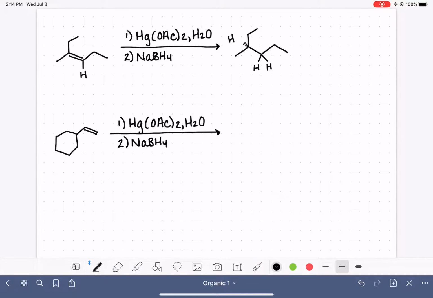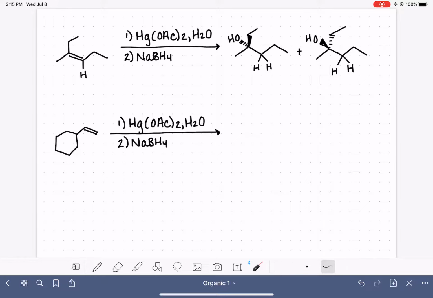So I'm going to pick one bond to make into the dash bond, and I'm going to pick another bond to make into my wedge bond. Again, you're just making that choice yourself. Pick one to be a wedge, pick the other to be a dash, and then draw the enantiomer in whatever method you prefer to use for drawing enantiomers. My preferred method is to simply convert the wedge to a dash and convert the dash to a wedge. So those are the 2 products for this reaction.